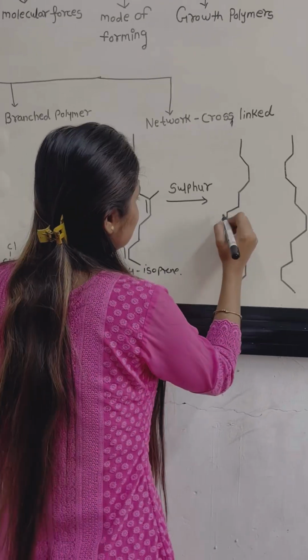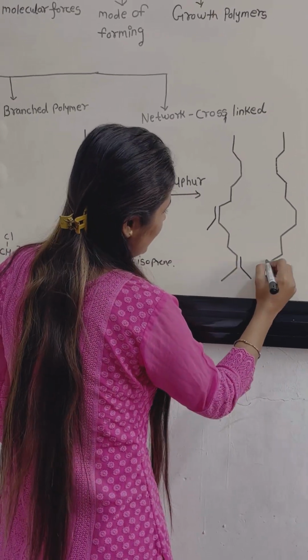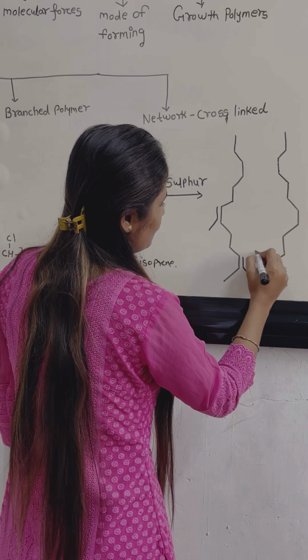Here is the parent structure, then this bond as it is we show, then these two bonds as it is we show, right?